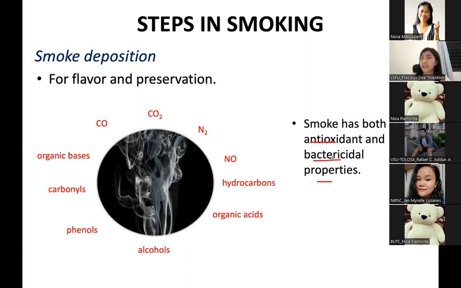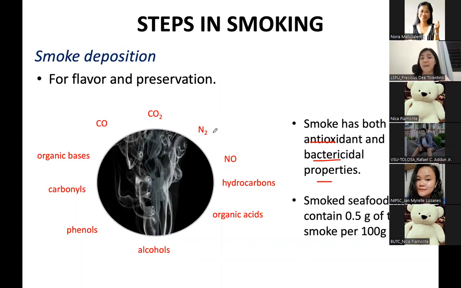Hindi niya pinapatay, sinlo-slow down niya lang. Pero pag bactericidal, it kills. So these are the following compounds, chemicals na nakikita kay smoke, na pinoproduce ni smoke, kung bakit siya nakaka-preserve. So smoked seafood may contain 0.5 grams of the smoke per 100 grams tissue.